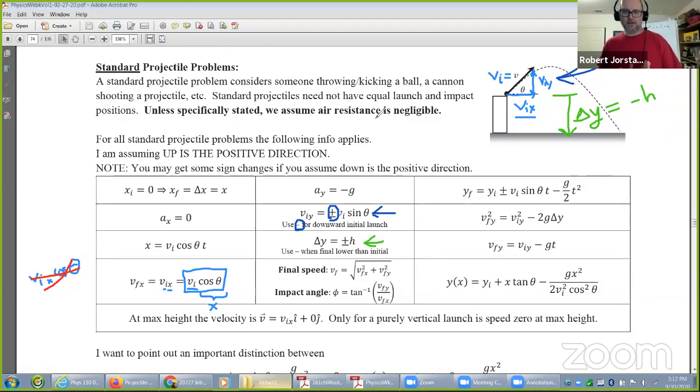And then maybe I'll mention this. You might recognize this equation right here. This is delta y equals v initial y t plus 1/2 a t squared, a sub y.